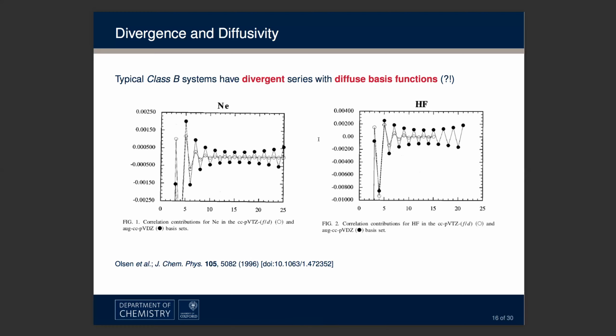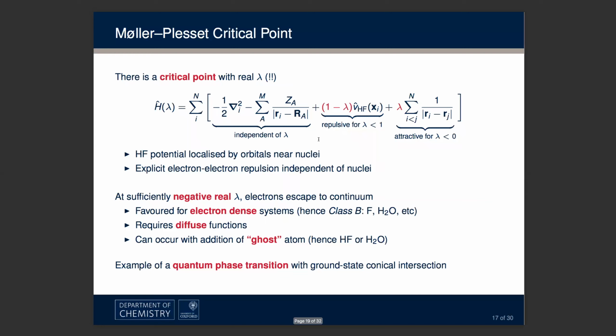So what's going on in these systems? Well, it was later understood that in fact, there is a critical point in your Møller-Plesset series. Now, to understand this critical point, we need to look at our Hamiltonian as a function of lambda. So we have these core Hamiltonian components, which are the kinetic energy and the electron-nuclear interaction, and these are independent of lambda.